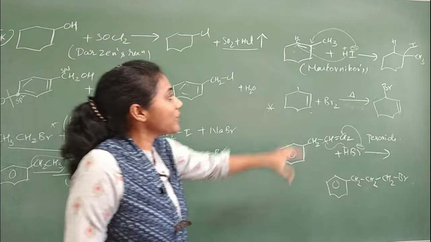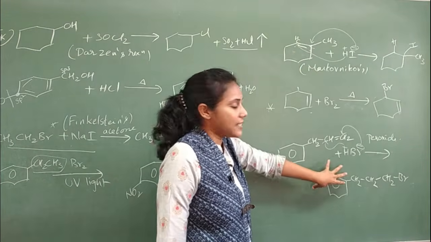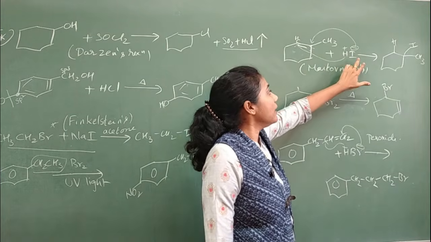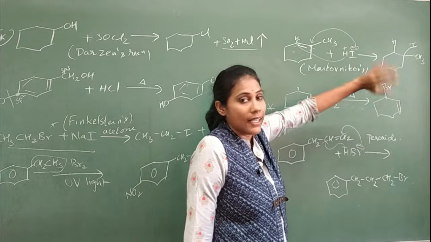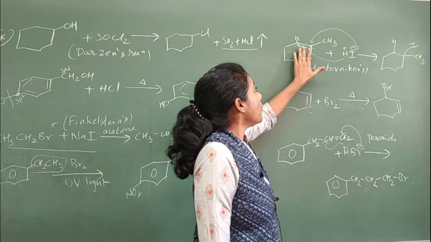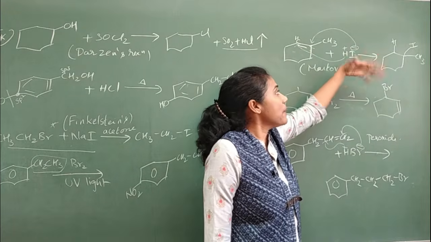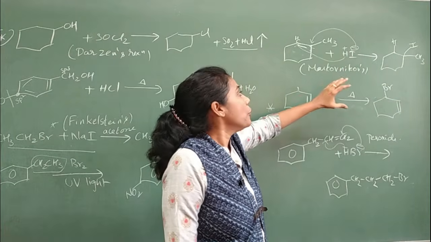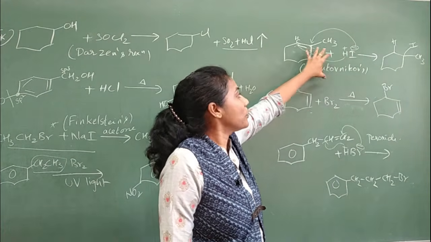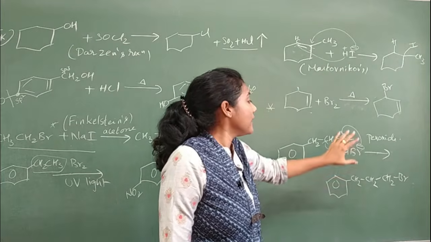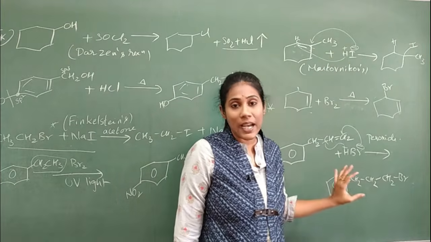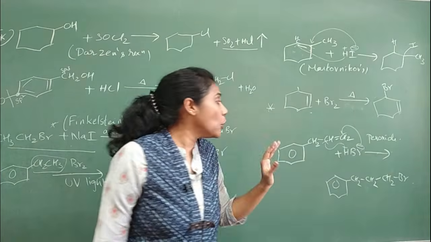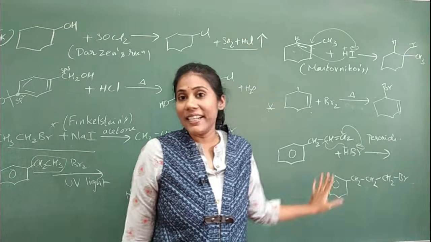So you got to know the difference between this reaction and this reaction, right? Here, addition of HI or HBr or HCl, whatever it is, you are adding to the alkene in presence of some acids, not in presence of peroxide. Okay, so here you have seen Markovnikov's rule, but here is addition of HBr in presence of peroxide. The peroxide effect you will see only for HBr, not for HCl and HI, right?